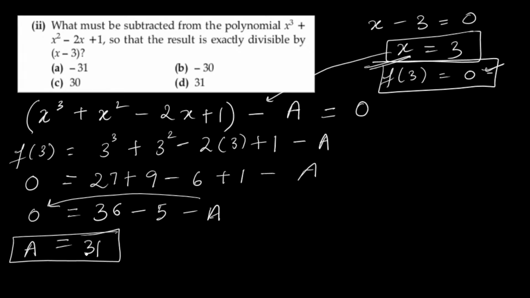So 31 is the answer, not 32. So option D. Let's do the next question. I hope this is clear.